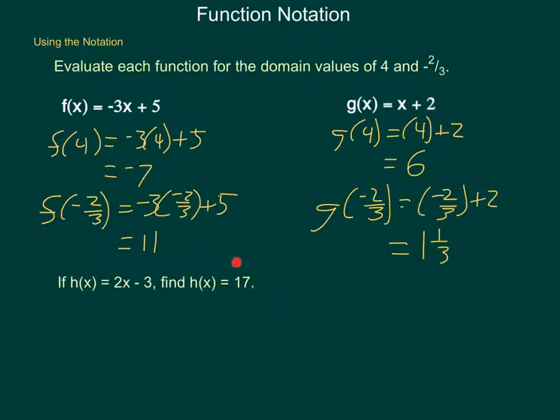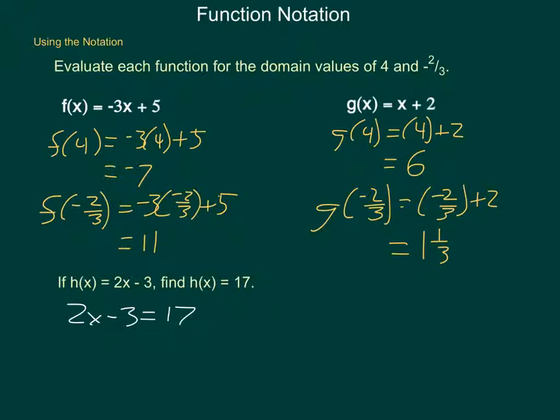What this is asking is what x value would give me an output of 17. Well, since h of x equals both of these items, 2x minus 3 and 17, in order to find this, I simply set 2x minus 3 equal to 17, and it will help me to find the x.